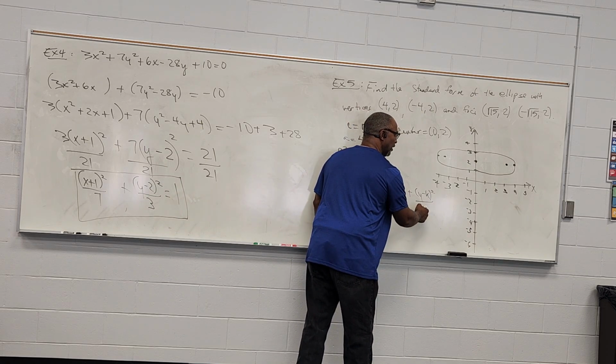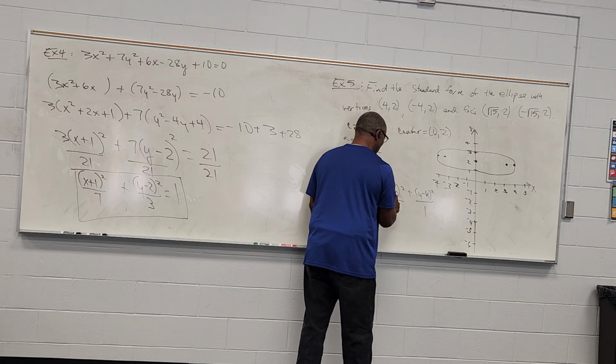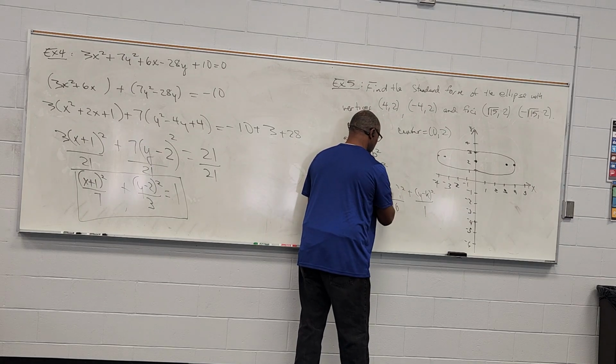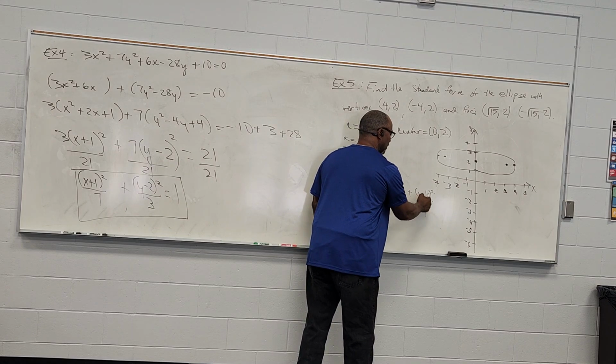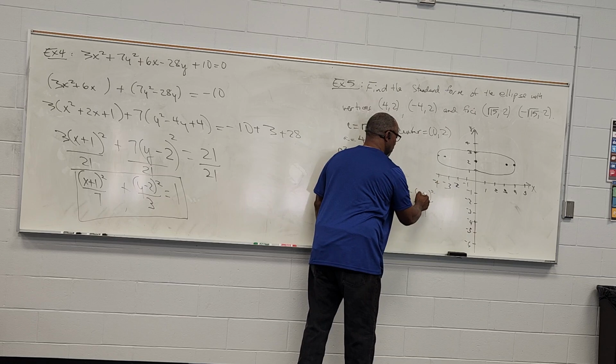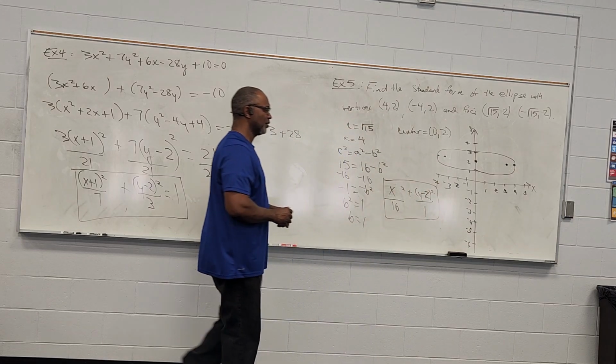The y goes here, b squared, 1 squared would make a 1, and I know what my center is. x minus 0, so really it's x squared. y minus k, but again, h is 0 and k must be 2. So that has to be the equation of the ellipse.